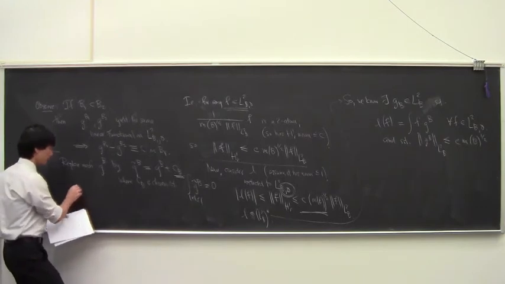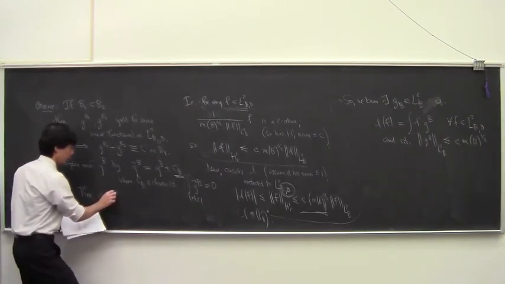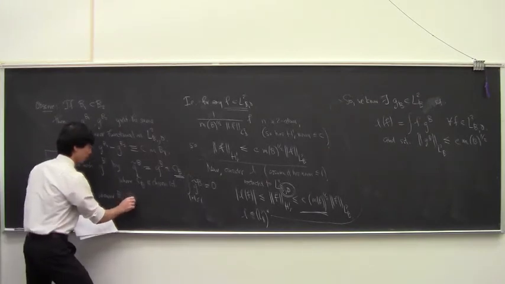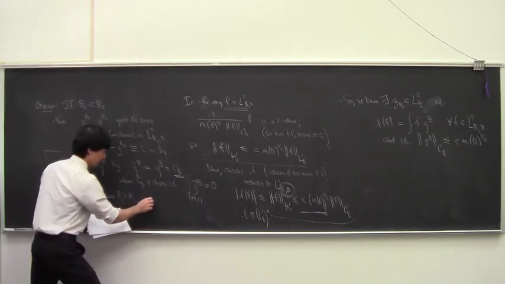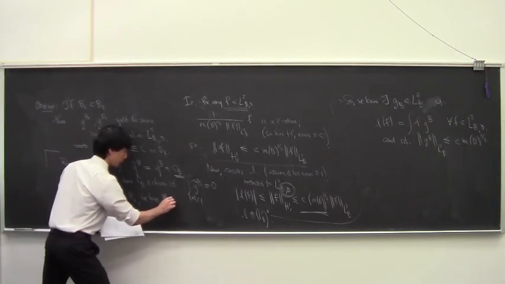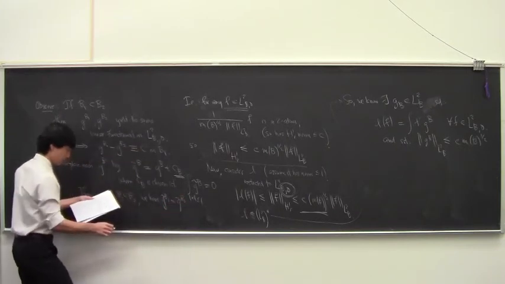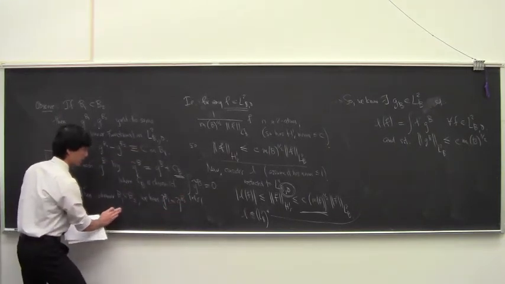Okay, and then it says whenever B1 is contained in B2, we have G super B1 twiddle equals G super B2 twiddle.